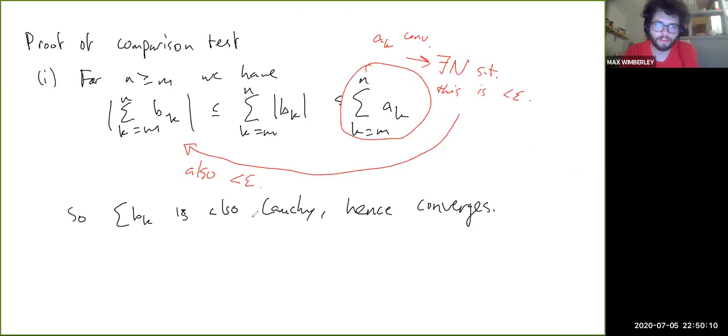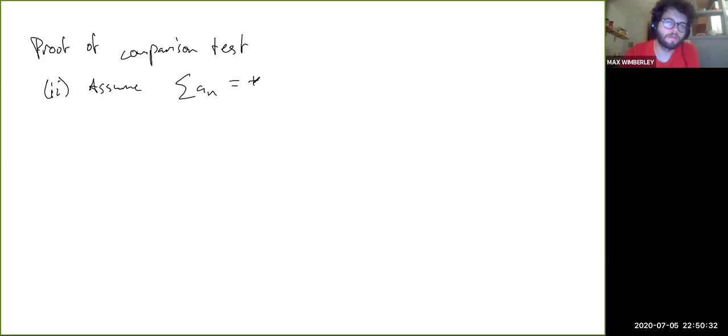So for the second part here, let me just make a new page. So for the second part, we're assuming that the series of An is infinity.